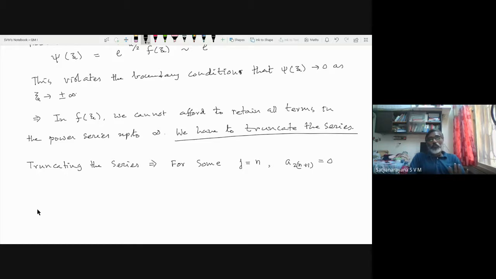That means up to j equal to n terms are there, and after that it is 0. What does that mean?